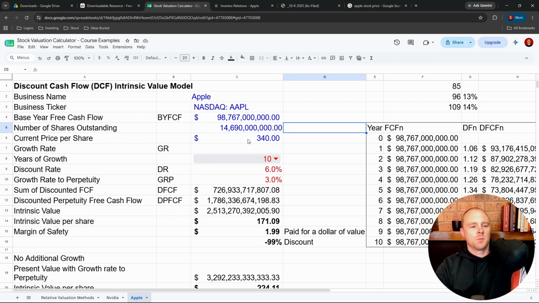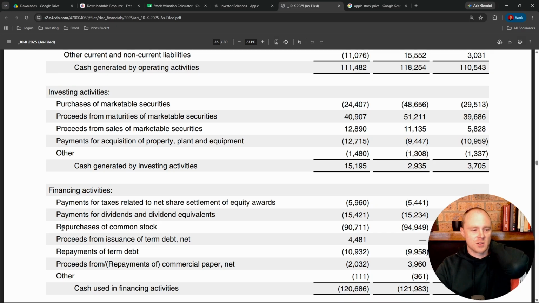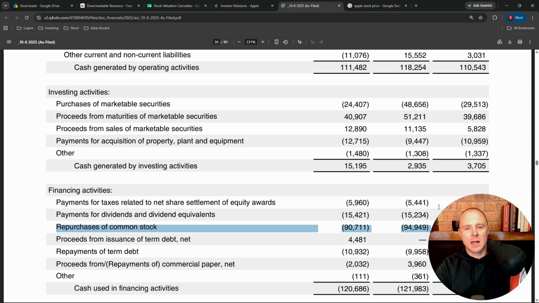But remember, Apple at the moment is spending the majority of the cash they're making on repurchases of common stock. They're making over 90 to $100 billion a year, and they're plowing the majority of that straight into buying their own stock back, which is a smart business decision for them.